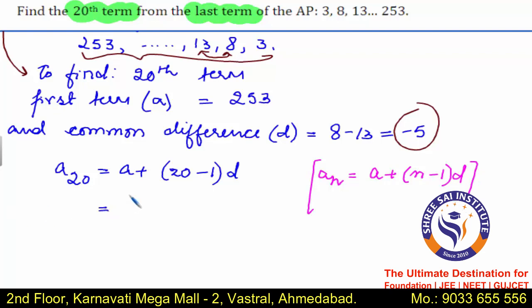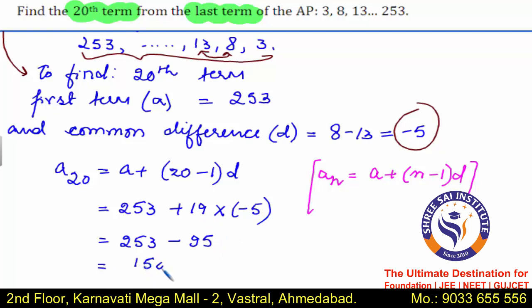This is further equal to, substituting the value of a, which is 253, plus 19 into d, which is minus 5. This is further equal to 253, plus into minus is minus, and 19 into 5 is 95. This is further equal to 158.